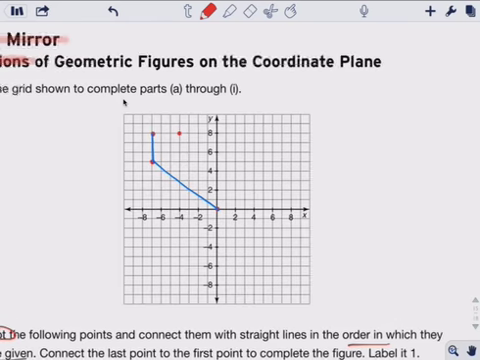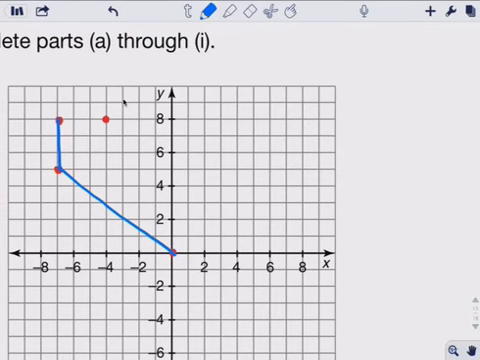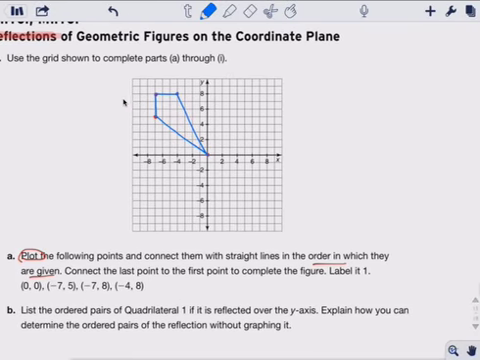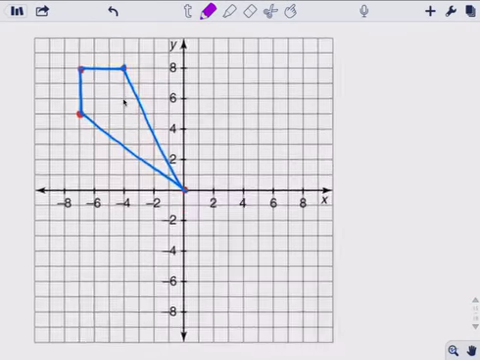Okay, negative 4, 8. That's it. Oh, it looks like a kite. So if you connect this like that, and the last dot to the first dot, there you go. Okay, and label it 1. We'll leave this as 1.